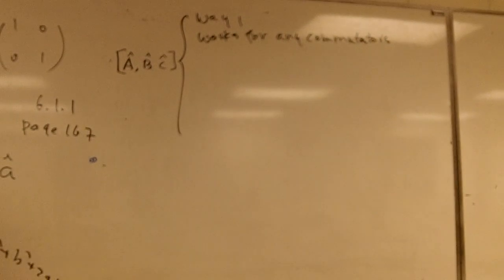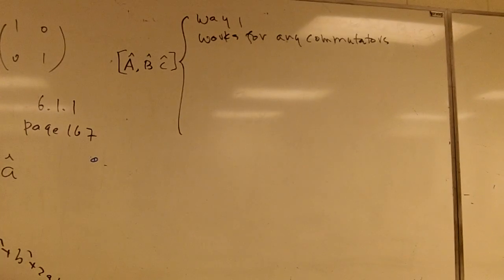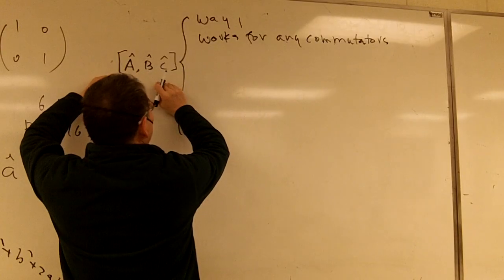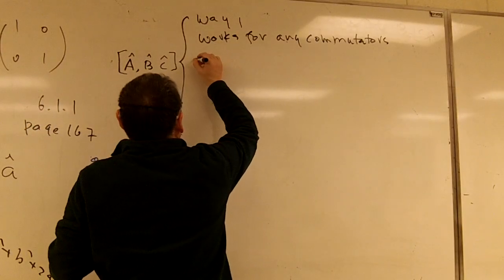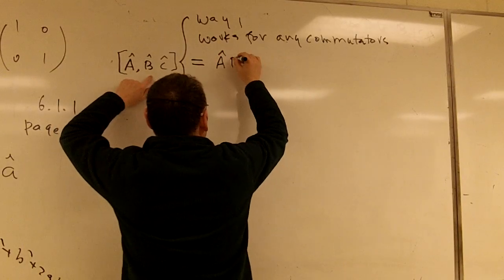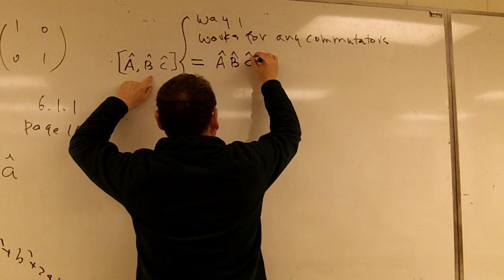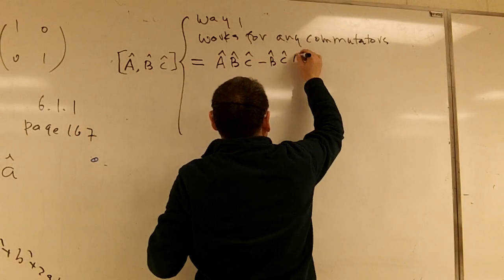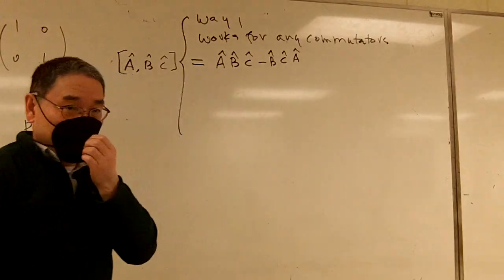It works for any commutators, but it's a little bit non-trivial in the sense that when we want to work out this commutator, we express this term in terms of the commutators A, B, C like this, and B, C, A, and back like that.